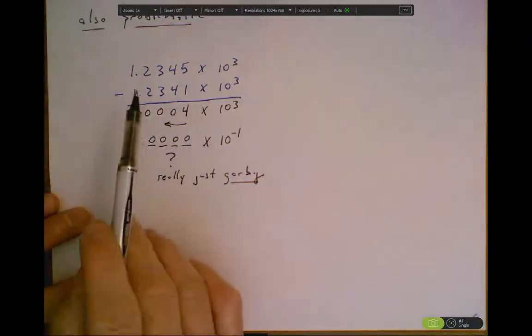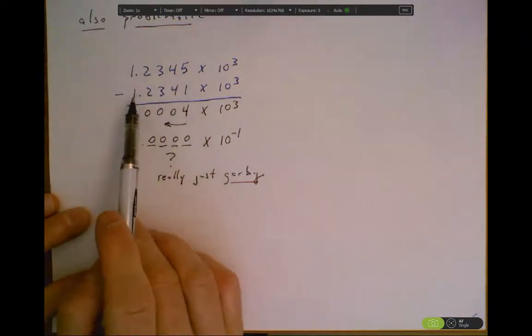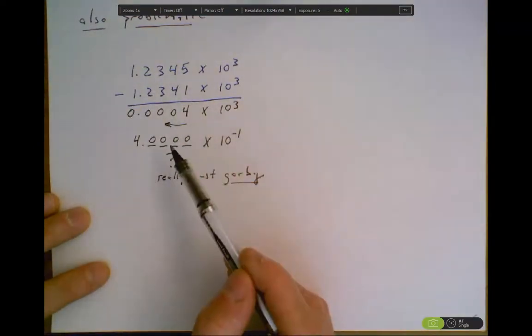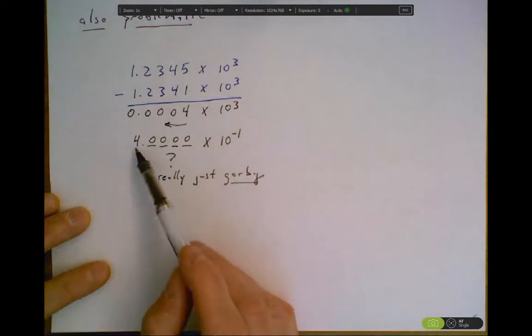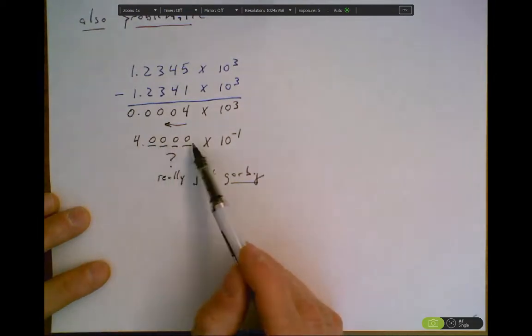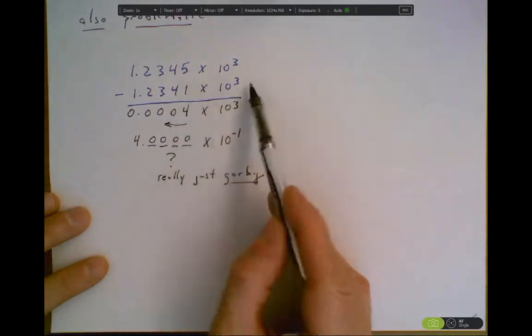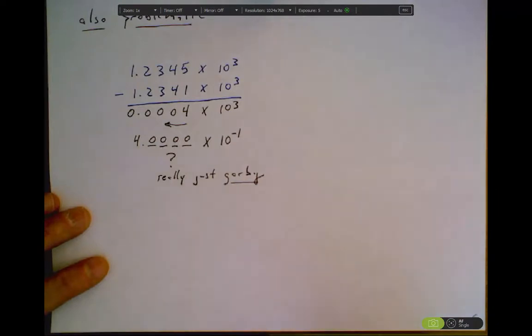I may have gone from having two numbers that had 5 digits that actually match reality, but when I get done with the subtraction, I've only got 1 digit that's tied to reality, and I've got 4 digits that I'm just pulling out of thin air. They came from to the right of these two values, and I didn't even know anything about what's out to the right there.